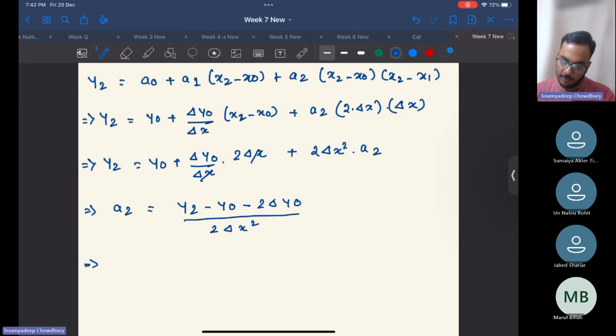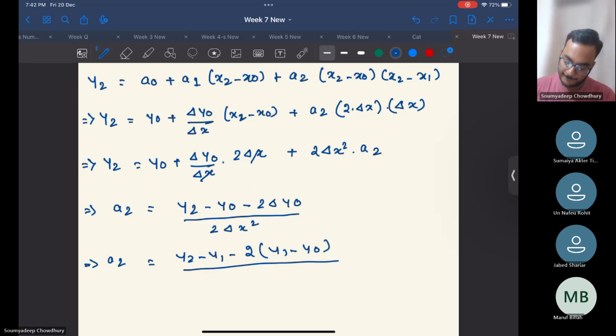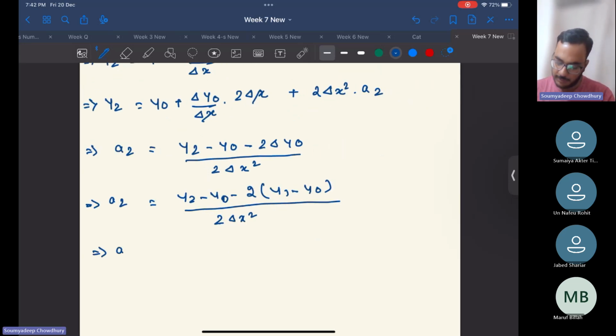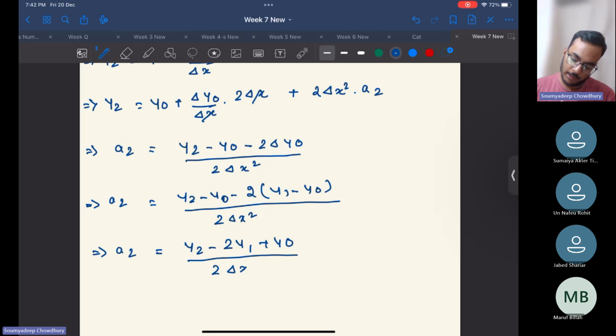Here delta x cancels. Now we replace delta y0 as y1 minus y0. Sorry, it is y2 minus y0 here. If you substitute this, a2 is basically y2 minus 2y1 plus y0 by 2 delta x square.